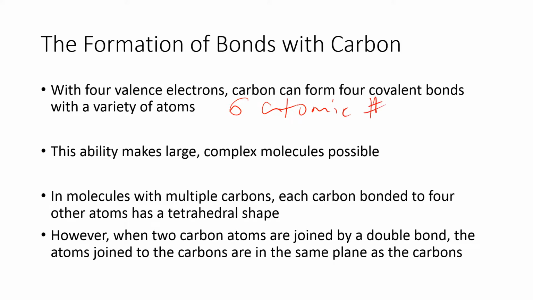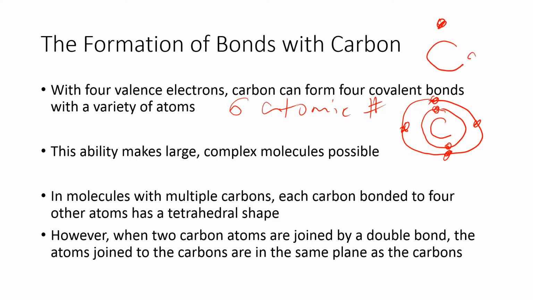Based off this information, you can take your little carbon atom, draw your little first orbital. You can get your first 2 electrons. So 2 out of 6, you're left with 4. Draw your second little orbital.